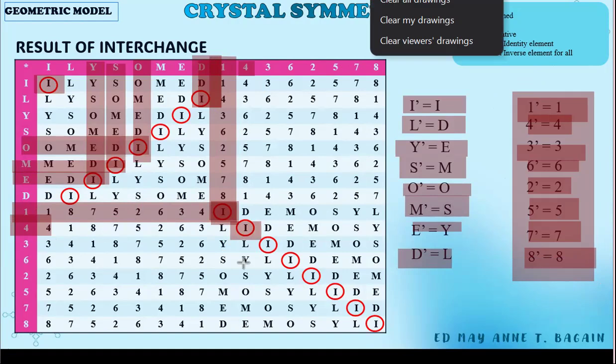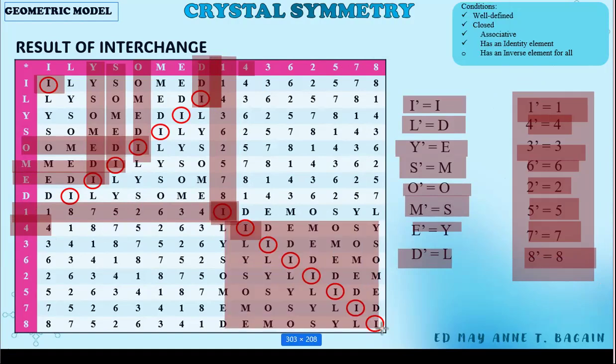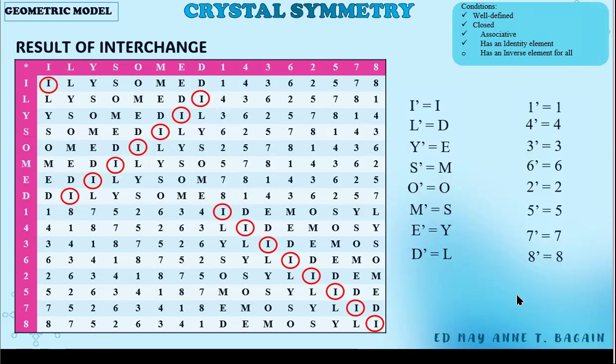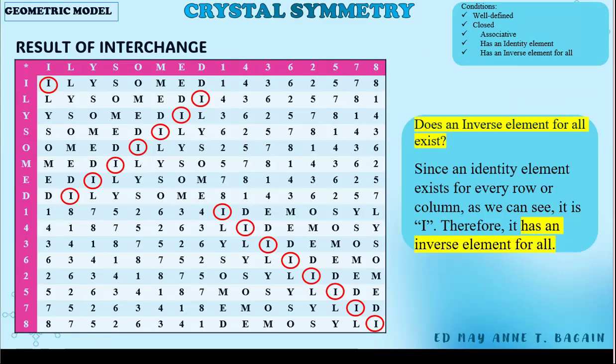We can see the I is at the intersection of the same number as well. So now we know that it has an inverse for all. So does an inverse for all exist? Since an identity element exists for every row or column, as we can see, it is I, therefore it has an inverse for all.